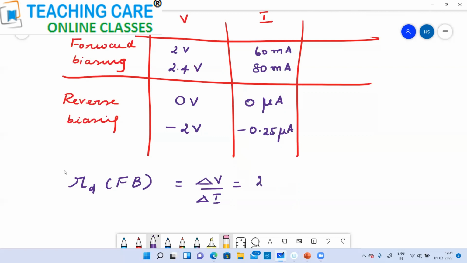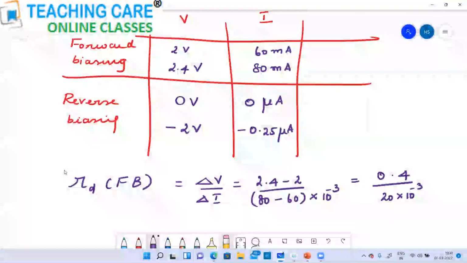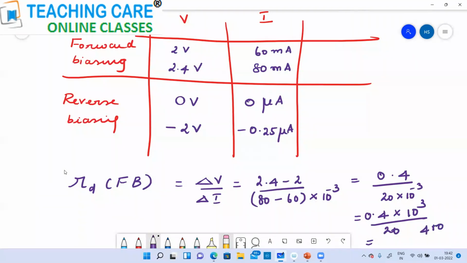So this is 2.4 minus 2 divided by 80 minus 60 milli, then 10 power minus 3. Oh, okay, sorry. So 10 power minus 5 then. If I am taking it there, it will be plus 3. So 0.4 into 10 raised to the power 3 divided by 20. What's the answer? 400 by 20, isn't it? 20 ohm.